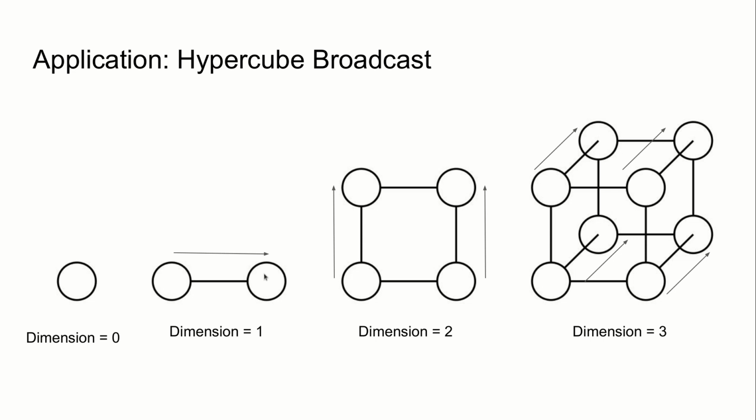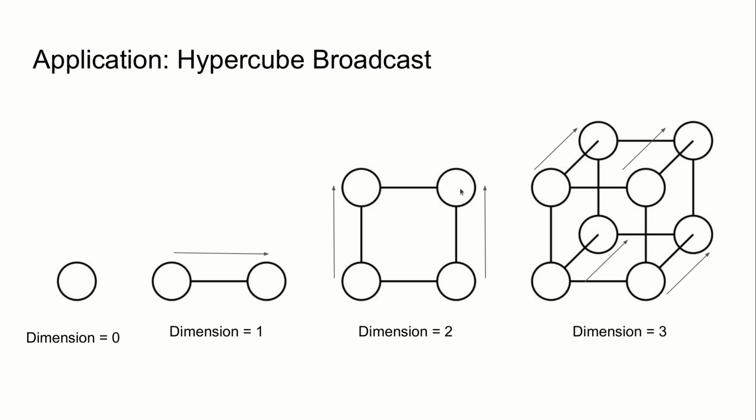And then when you go to dimension 2, processes 0 and 1 will send a message to 2 and 3, for example.